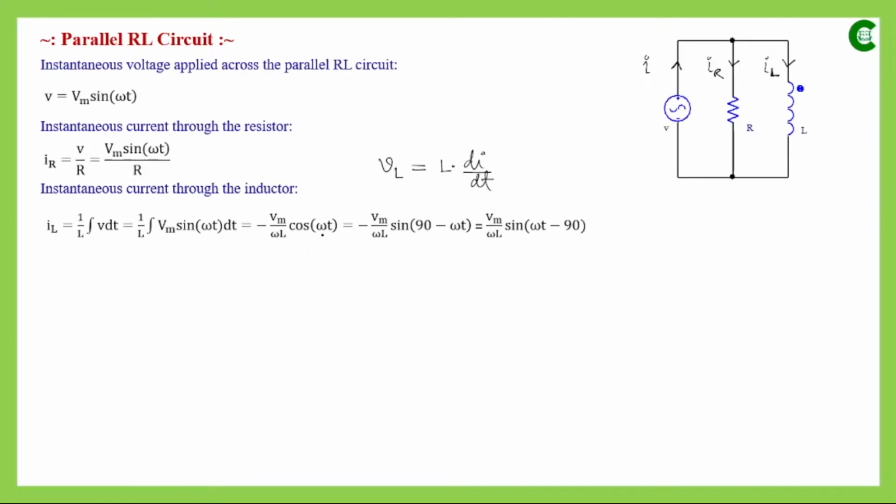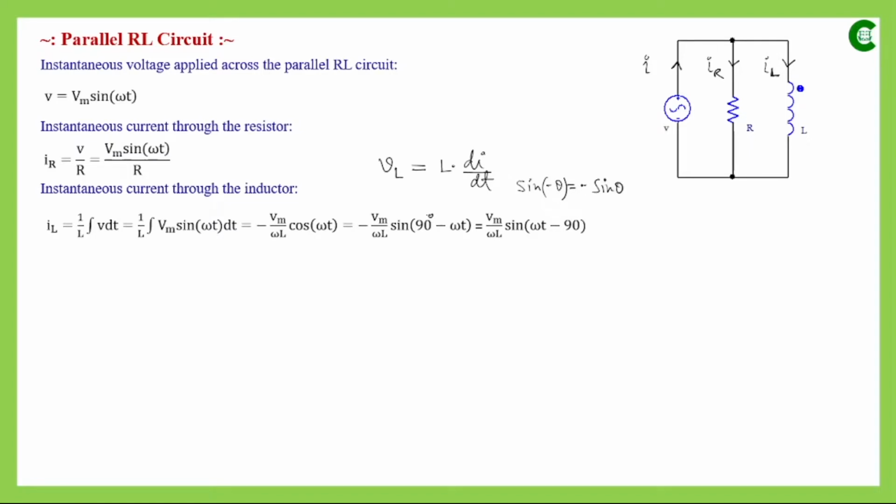So if this cos omega t we transform into sine, then it will be sine of 90 degree minus omega t. Now since in our expression it was plus omega t, if we want to make this minus omega t into plus, then already we have a negative sign outside of this whole expression. So we know that sine of minus theta is equal to minus sine theta.